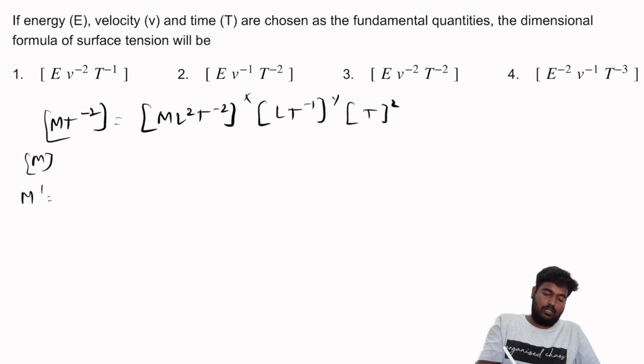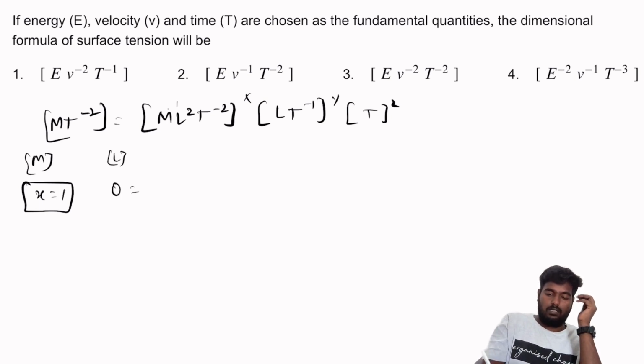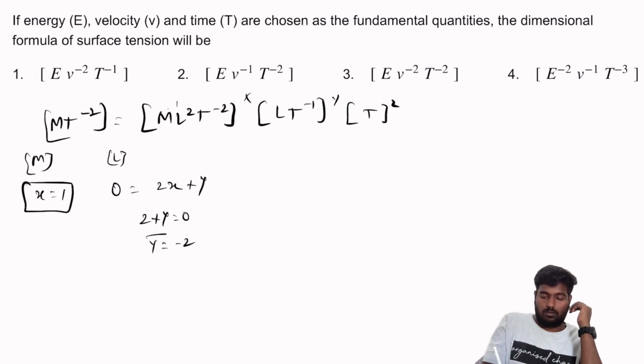So M power 1 should equal 1 into x, 1x plus 0 plus 0. So x is 1. And L power 0 this side; this side 2x plus y. So 2x plus y is 0. We know that x is 1, so 2 plus y equals 0. y is minus 2. I found that out.